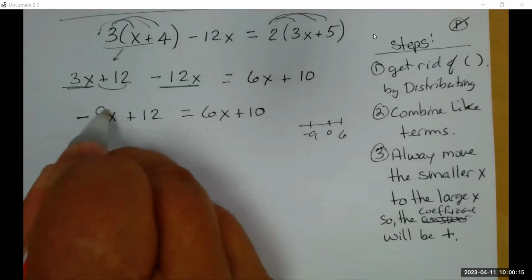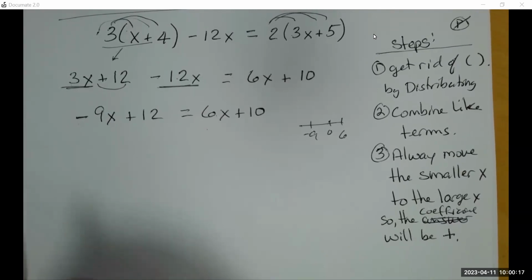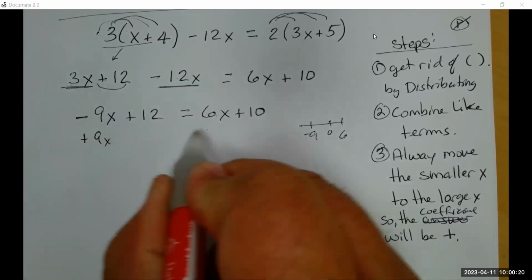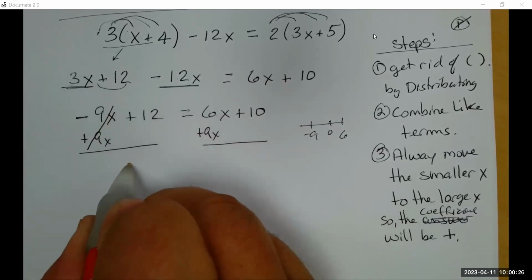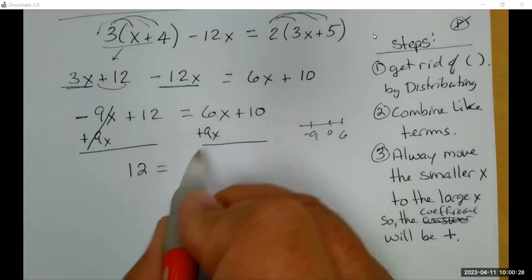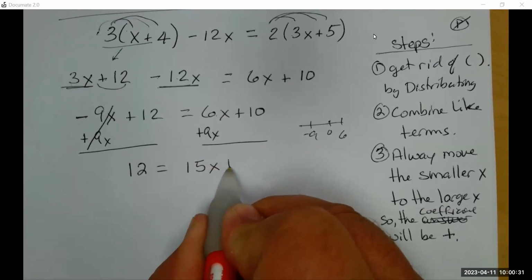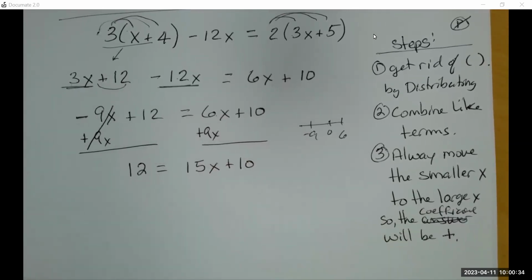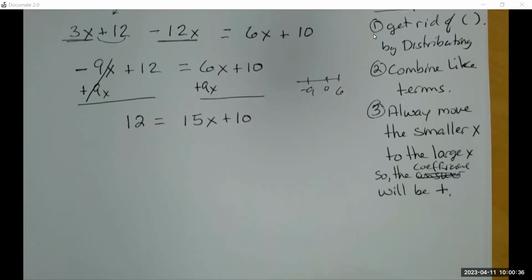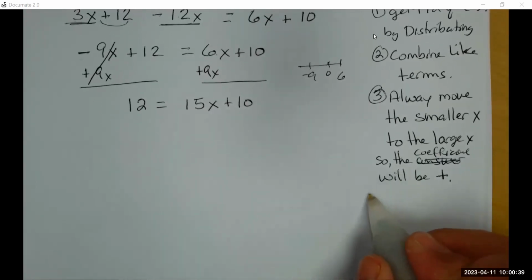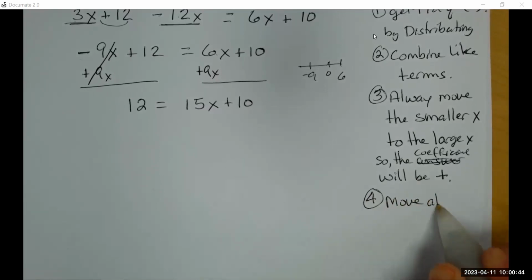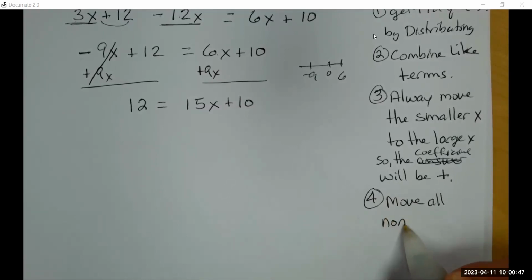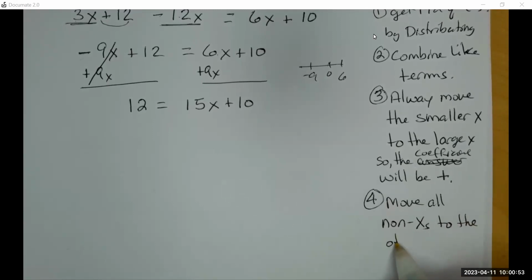So we're going to move the negative 9. How do we move the negative 9? Add 9 to both sides. Six plus 9 is 15x. Plus 10. Move all non-x's to the other side.